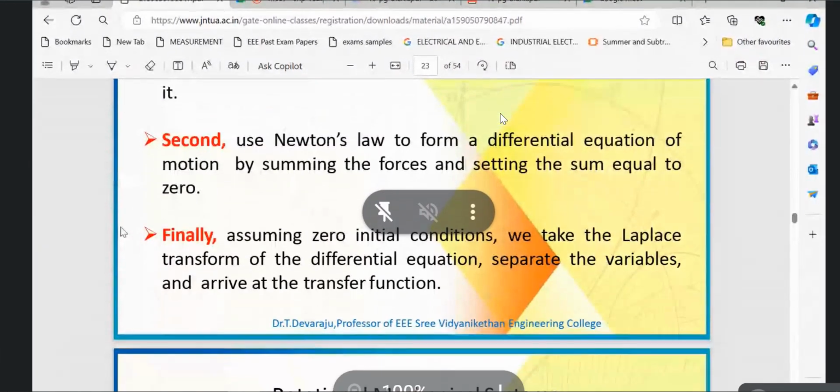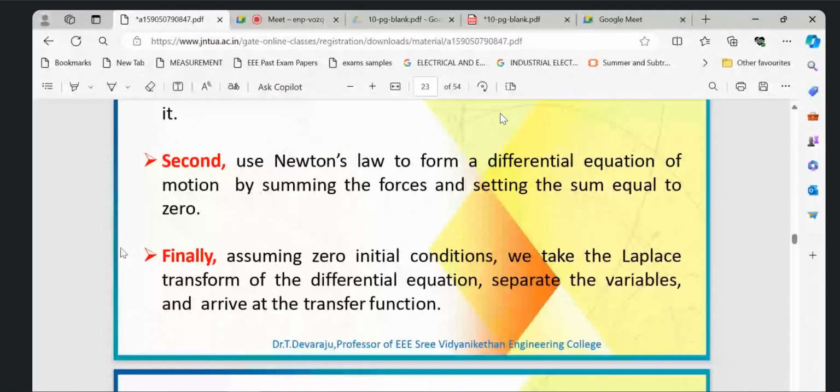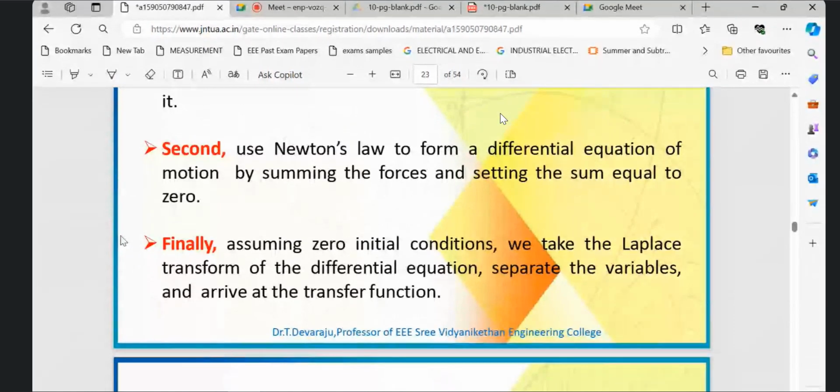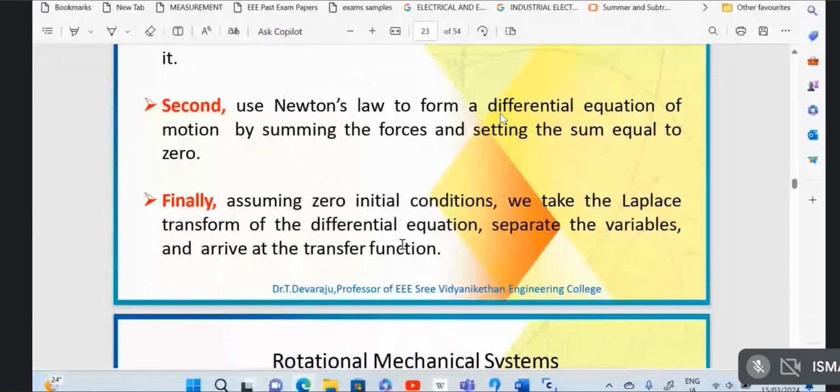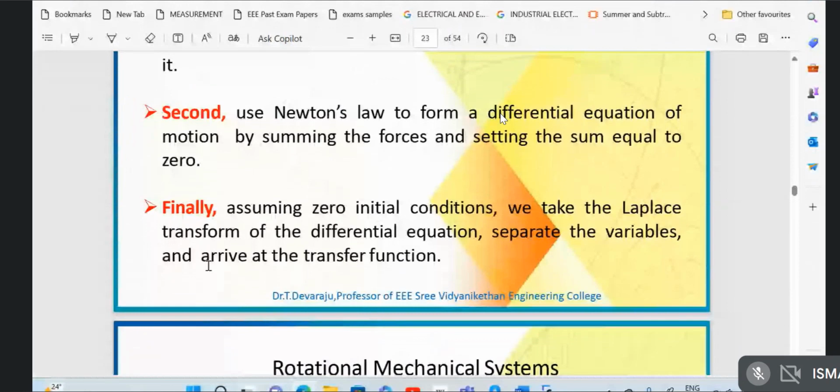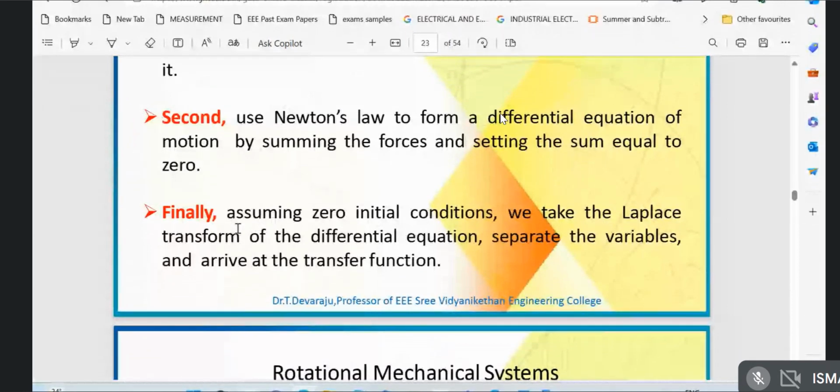Finally, assuming zero initial conditions, we take the Laplace transform of the differential equations, separate the variables, and arrive at the transfer function. I think this one you'll be taught by Engineer Faris in the Laplace transforms.